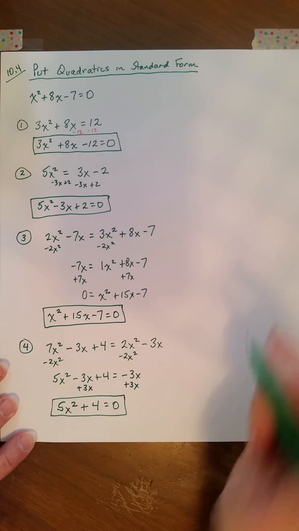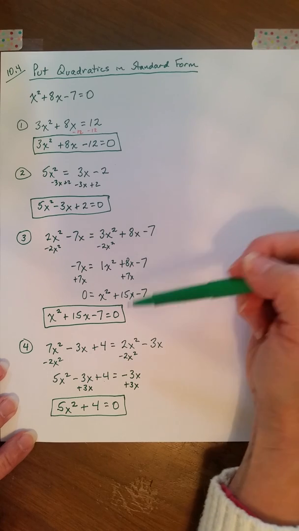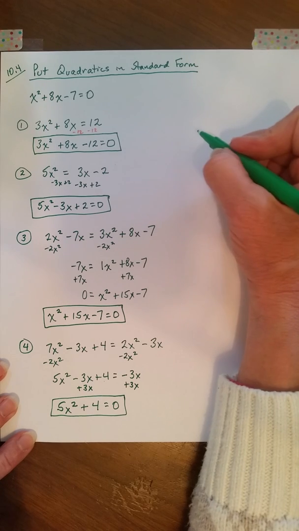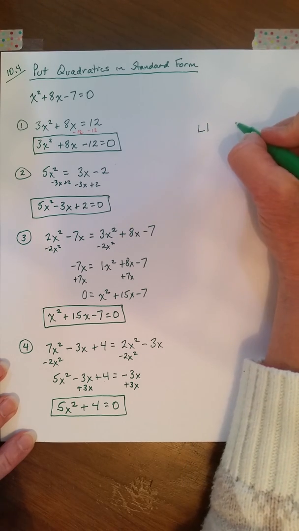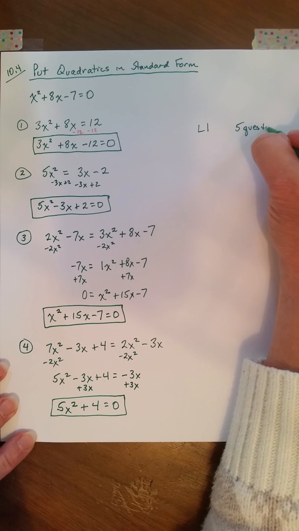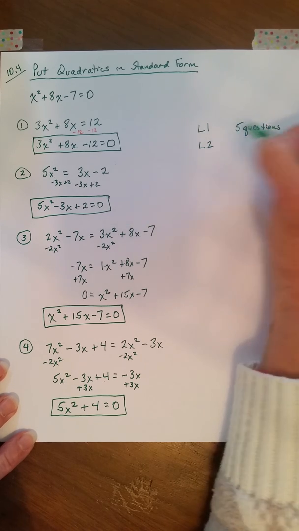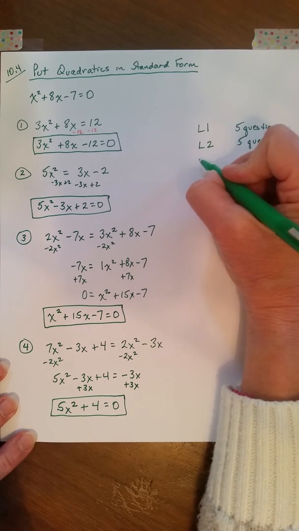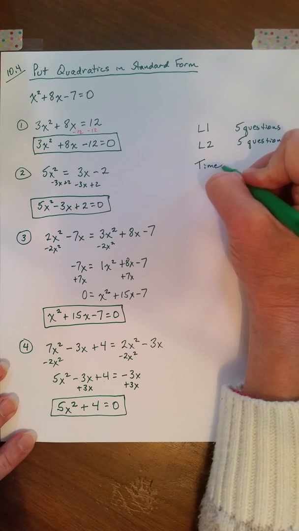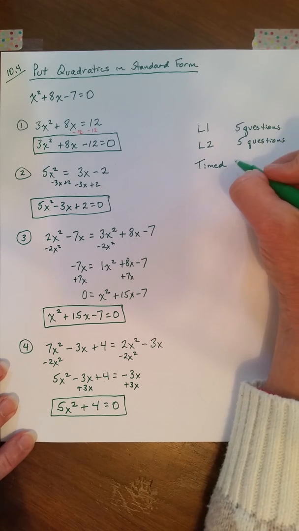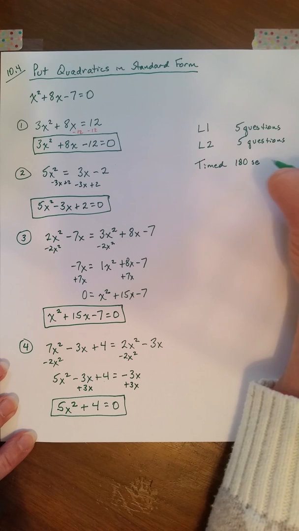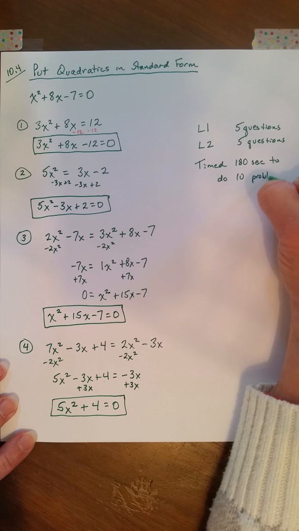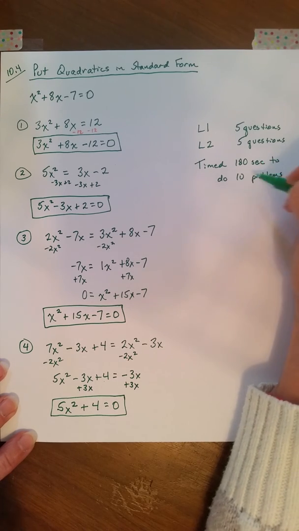I think that's about it. Right now we're just practicing putting it in standard form. So you're going to do quadratic level 1, 5 questions, and then L2, 5 questions. And then you're going to do a timed one. I'm going to give you 180 seconds, which is 3 minutes, to do 10 problems.